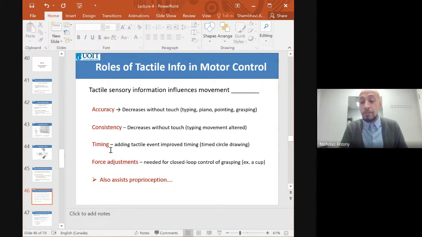Timing is off. This is some weird study, but they had people drawing a circle in the air and then drawing a circle where the top was touch, and it made timing more consistent. Probably just having more sensory processes. Remember, it's more information, right?